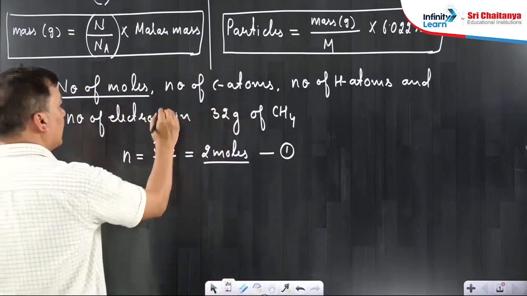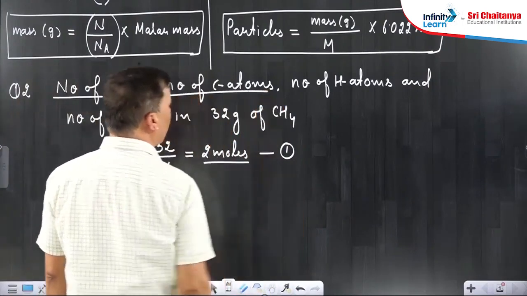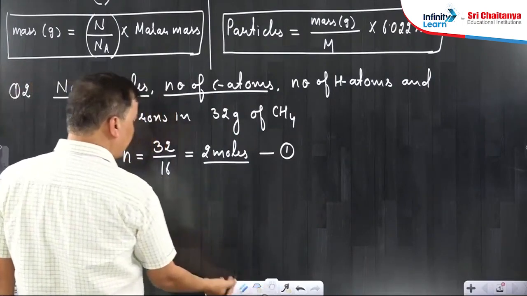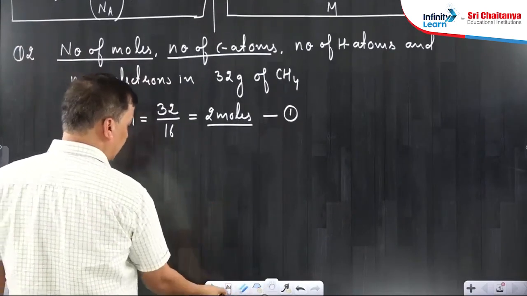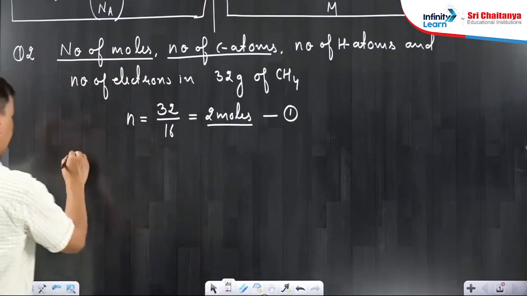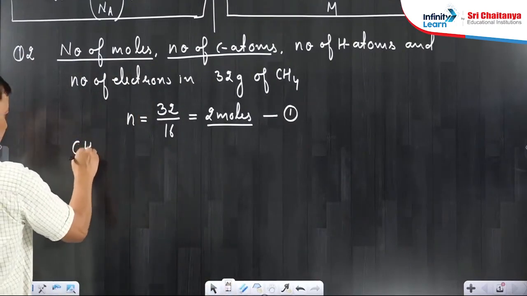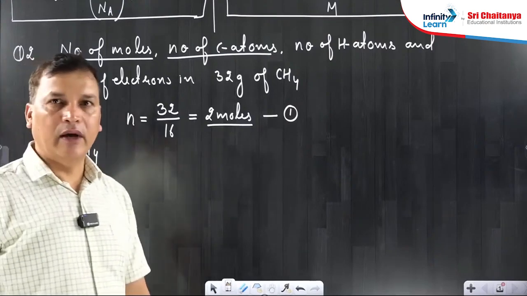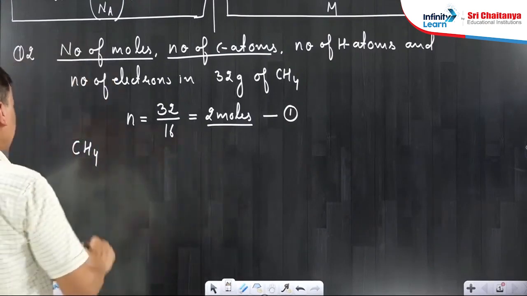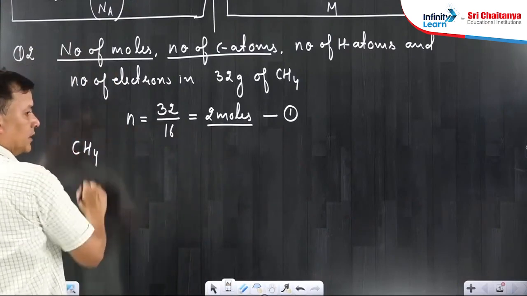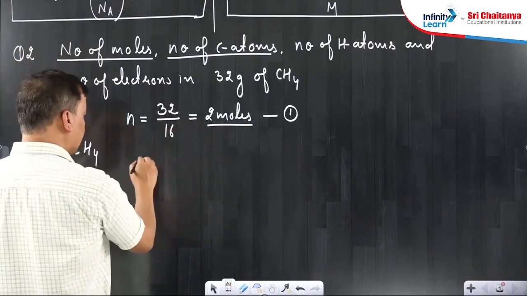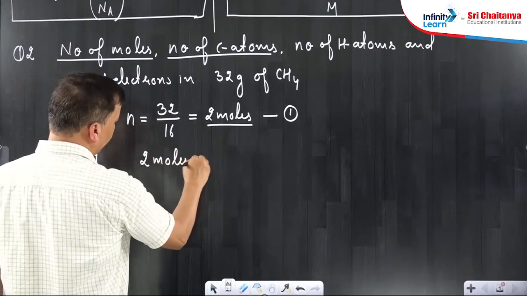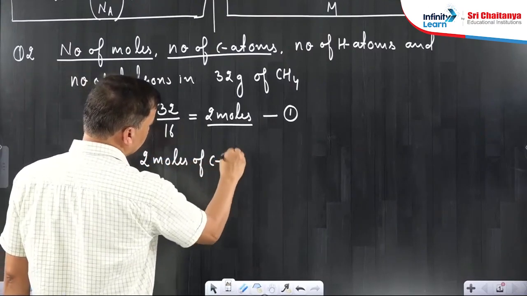Someone is responding. So that is how many moles we have. Now we have to calculate the number of carbon atoms. Dear student, in one molecule of methane, how many carbon atoms are there? There is 1 carbon atom. This means in this case there will be 2 moles of carbon atoms.